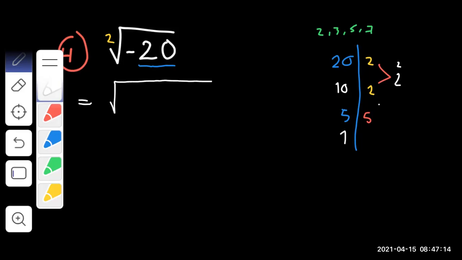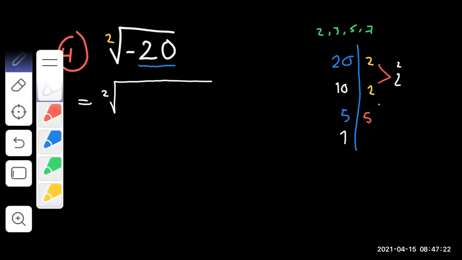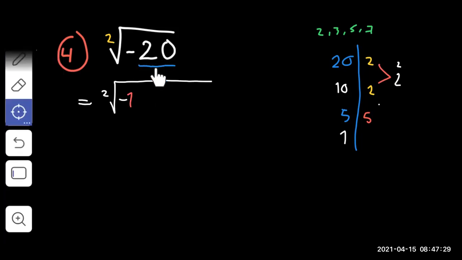Square root of this negative number. Do you remember the idea, guys? It is to separate the negative. You only put a 1: negative 1 times 20 is negative 20. It's the same.